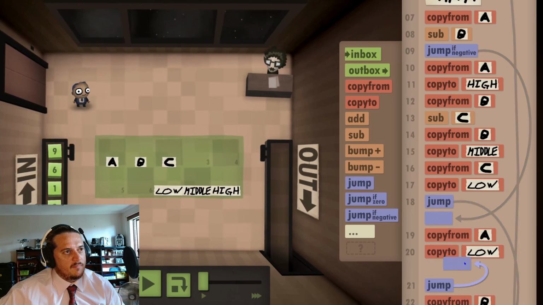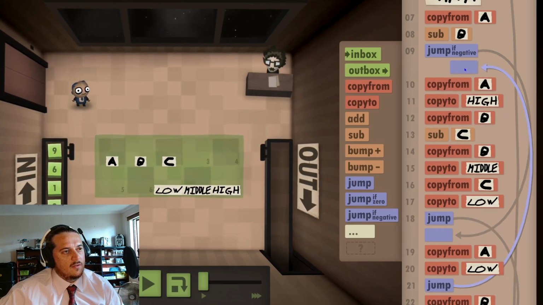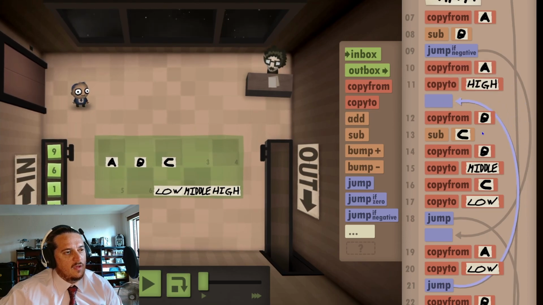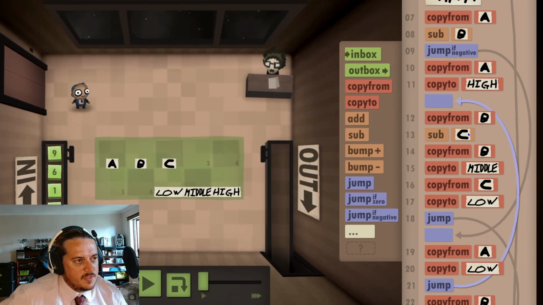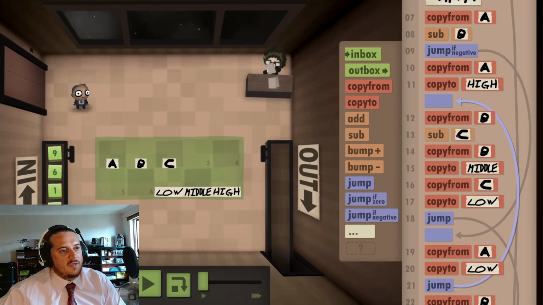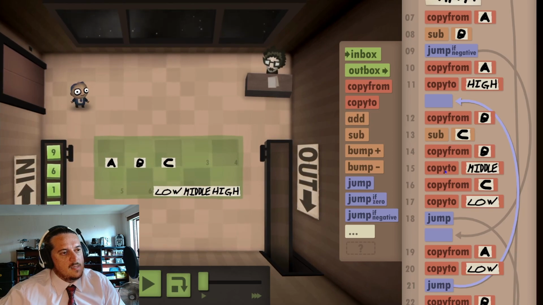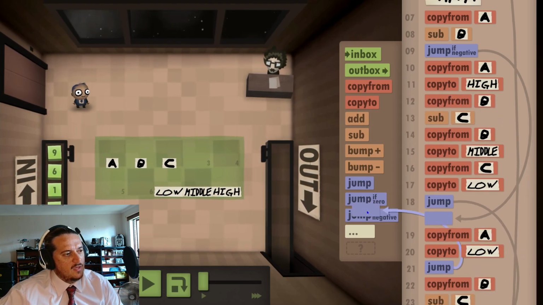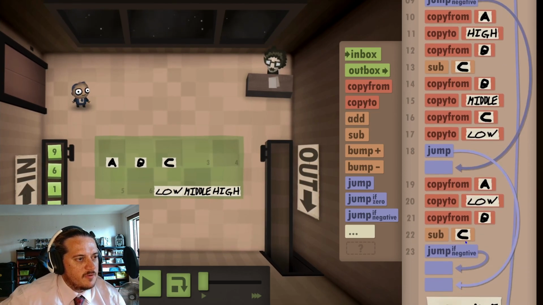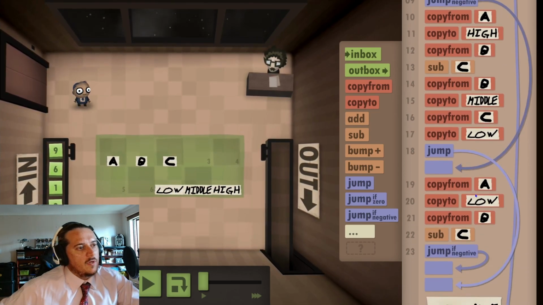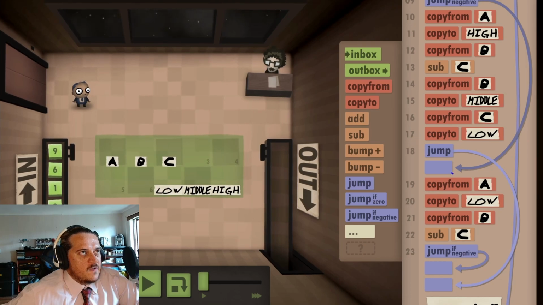But then we're going to jump back to there, and we're going to do the check for B and C. Because if B minus C, can I loop? I don't think I probably can, but I don't think I'm doing that right. So again, let's just do it the slow way, and then we'll figure it out from there.